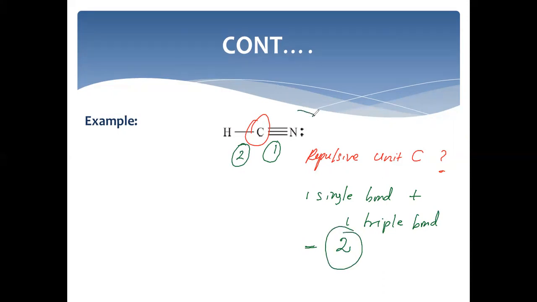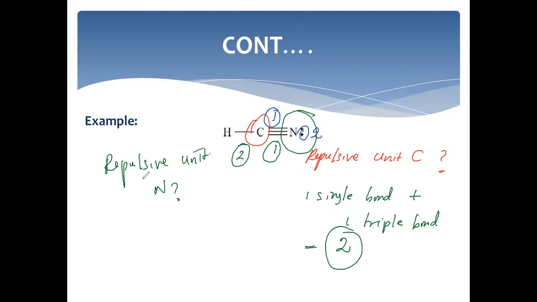What about the nitrogen? The repulsive units of the nitrogen. Look very clearly. Nitrogen has one triple bond and one lone pair.